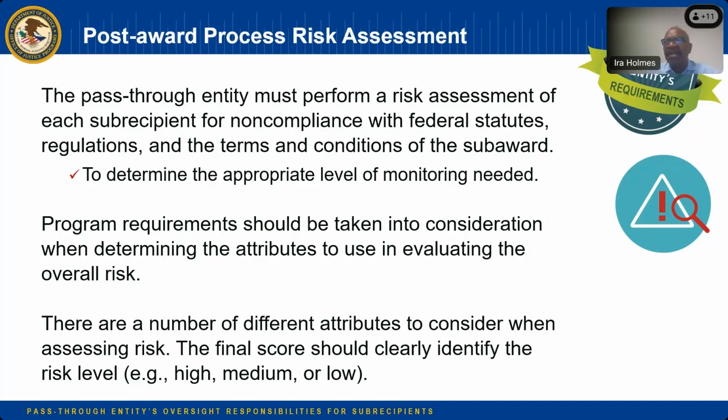There are a number of different attributes to consider when assessing the risk, listed at the bottom of the slide. And you should develop, and this is not in Uniform Guidance, but you should develop a scoring system. And I'm going to show you what I mean by that in a moment.